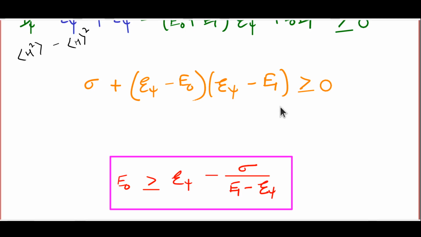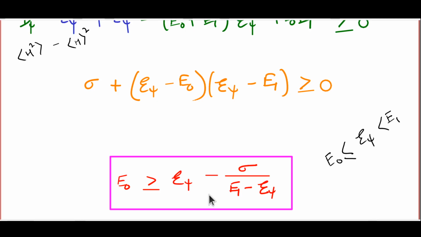And note that curly E psi, well, this part is no assumption, has to be greater than or equal to E0. We are assuming that our choice of trial wave function is good enough so that curly E psi is actually less than E1. So what we end up with is this result. We get a lower bound on E0.